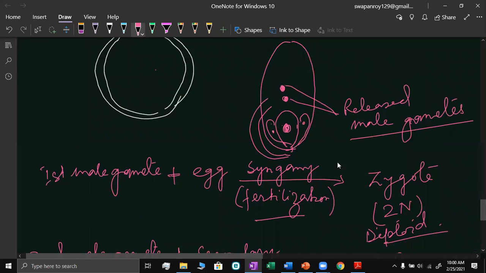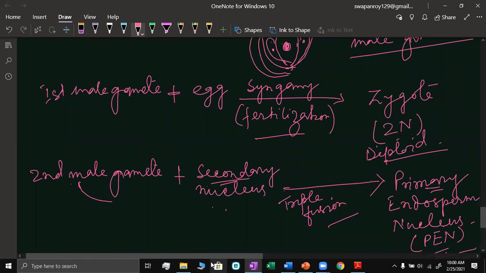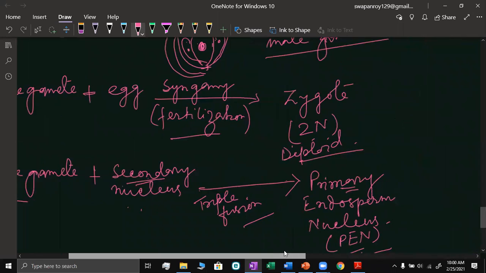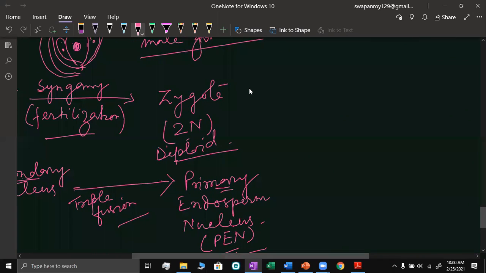Now, this zygote divides by mitosis repeatedly and forms a mass of tissue which later organizes and is called the embryo.